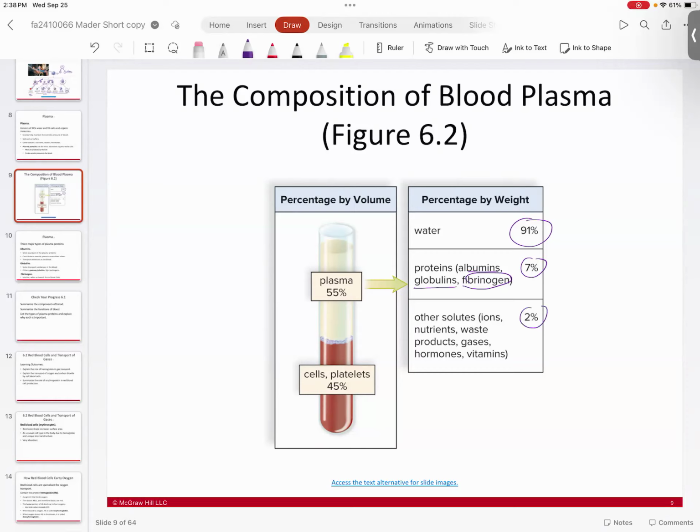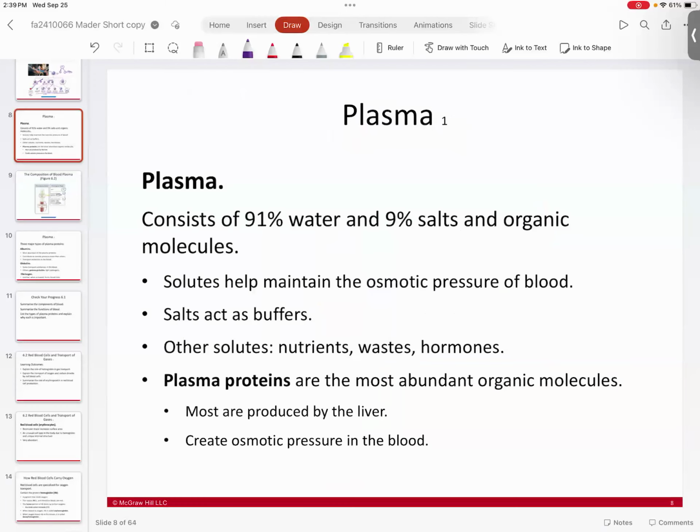Other types of dissolved solutes, for instance, different types of waste, nutrients, hormones, and vitamins are in there. But it's a very small percentage of your plasma. Very potent, though, in function. And then the rest of it, of course, is going to be your cells and your platelets. Okay. So when you take a look at your plasma, most of it is going to be water.